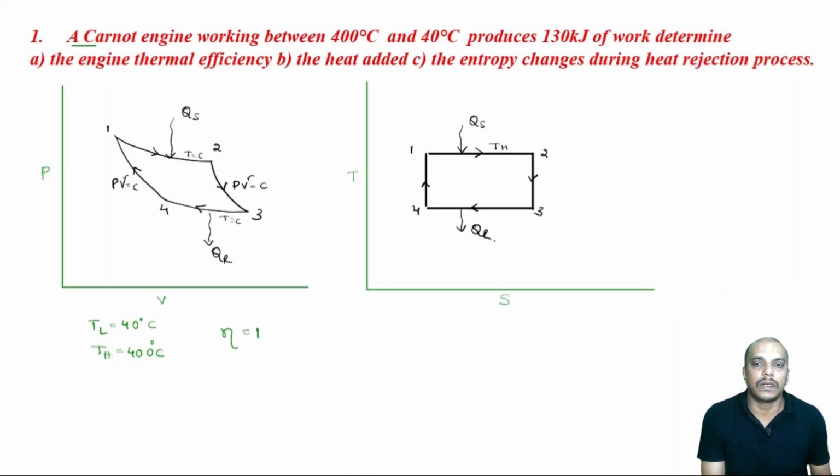For a Carnot engine, we have the equation 1 minus TL by TH. We can cross verify this. This cannot be simply 1 minus 40 by 400. This answer is going to be wrong. Temperature must be in Kelvin. Very important.